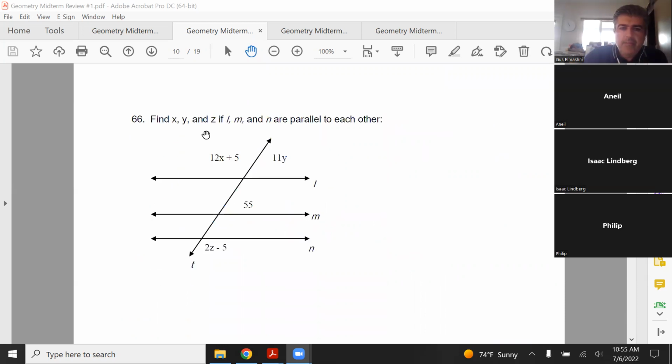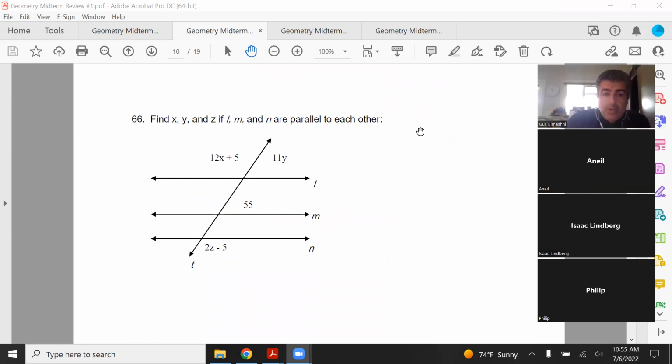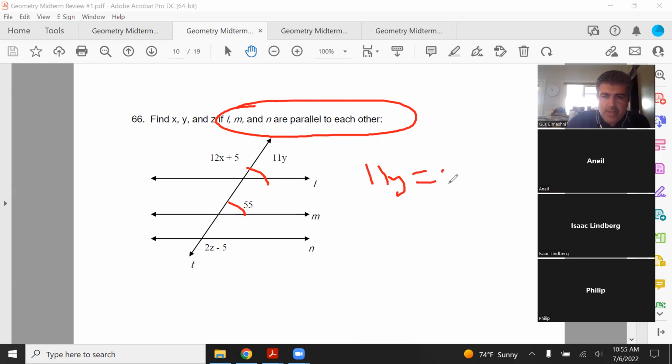Okie dokie. Parallel lines. So we know that all three lines are parallel here because they said so, right? Well, 11y is going to be the same as 55. Get that out of the way. Y is 5. Done. This is also going to be 55. That's corresponding.